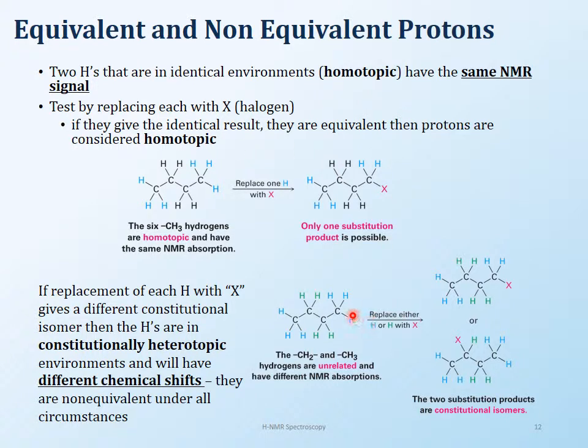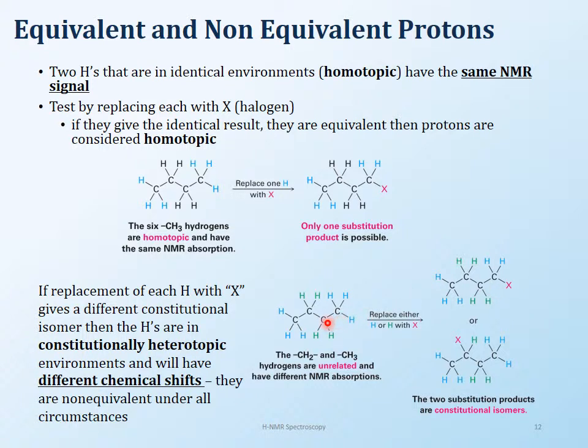So that is how you determine, in some cases, whether you're going to have equivalent or non-equivalent protons. I go with the symmetry. I look for the environment of a molecule, and I see if you have the same environment or a different environment, and that tells me whether I have equivalent or non-equivalent protons.